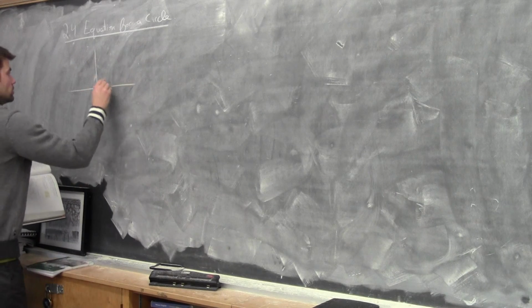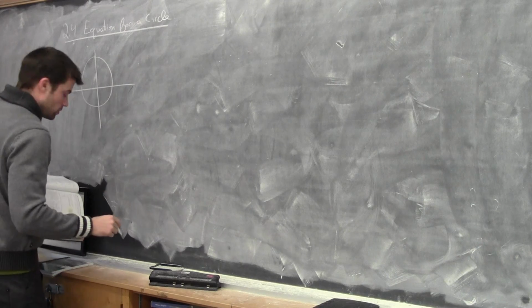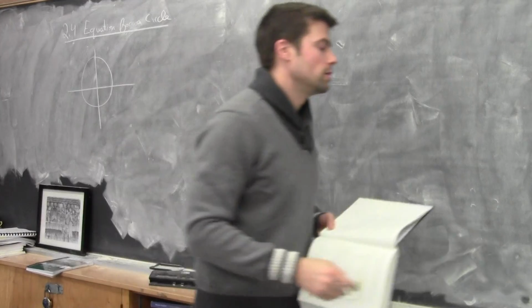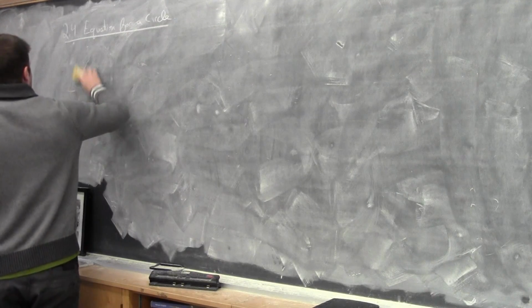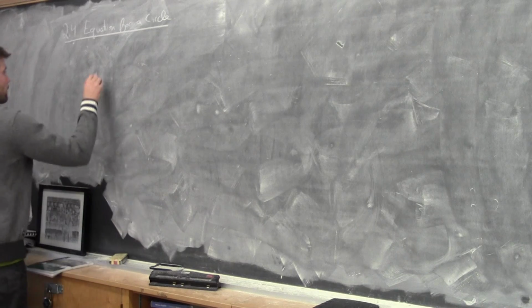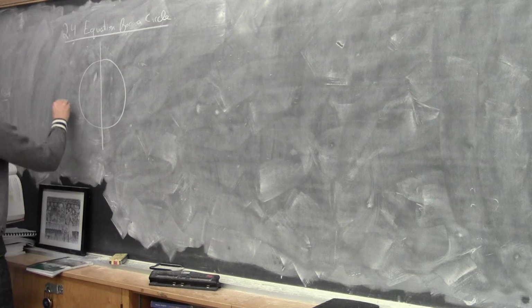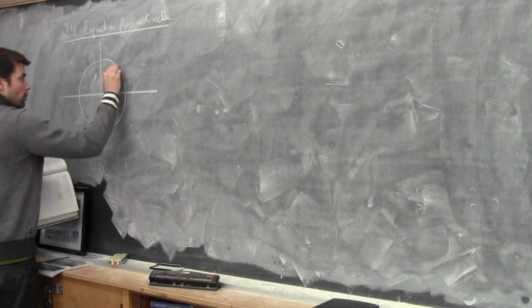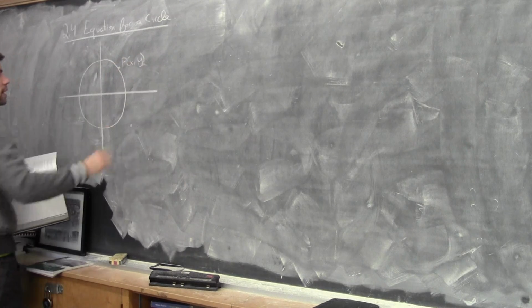If we have a circle that's centered on the origin, and we're given a point, we're not given the actual value, we're just told that it's x, y.